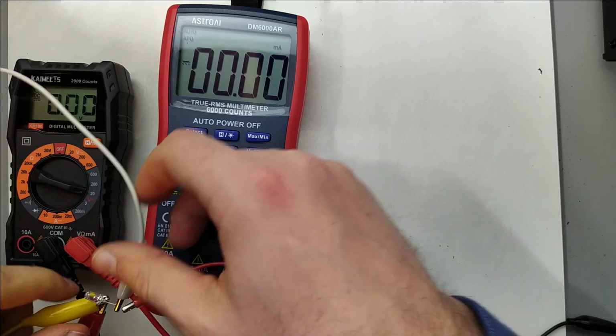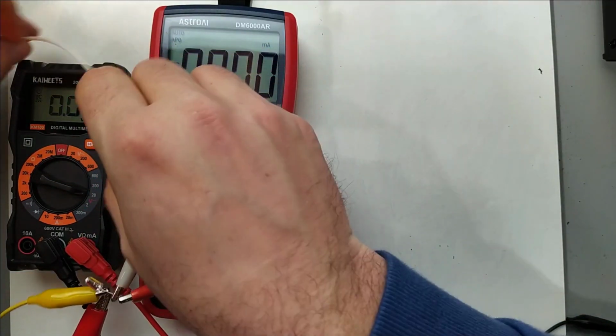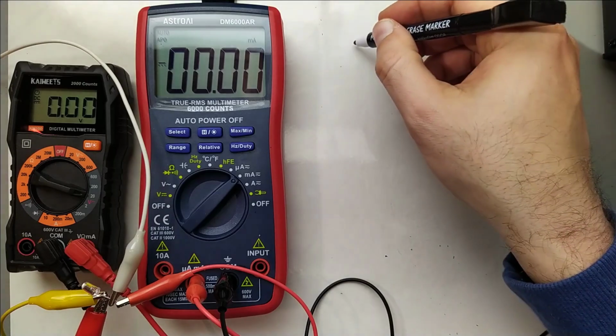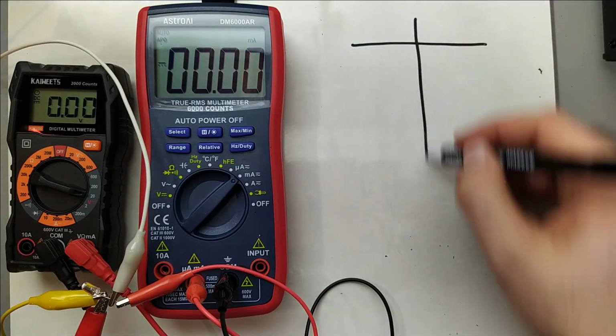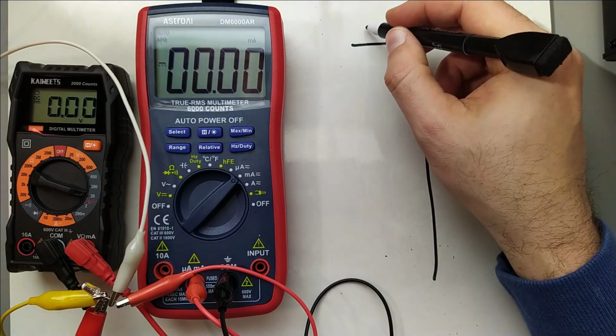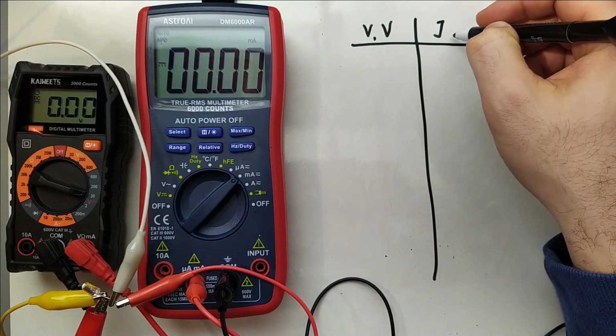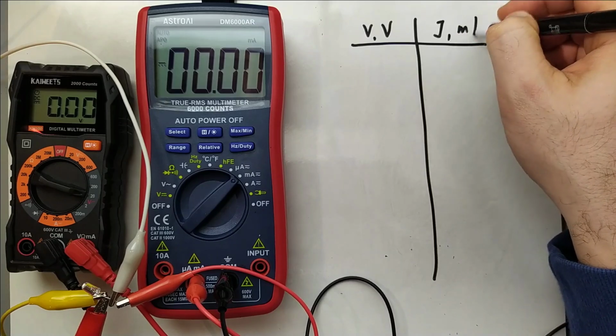So we connected in parallel our voltmeter. Now again, let us do this table. We have voltage in volts and current in milliamperes.